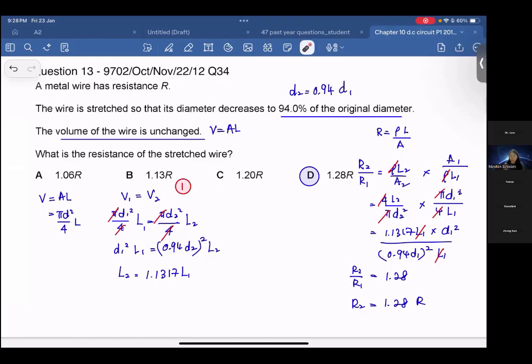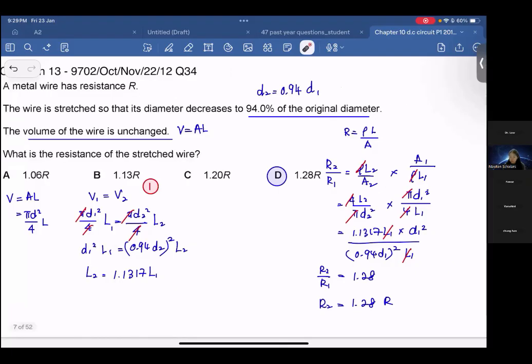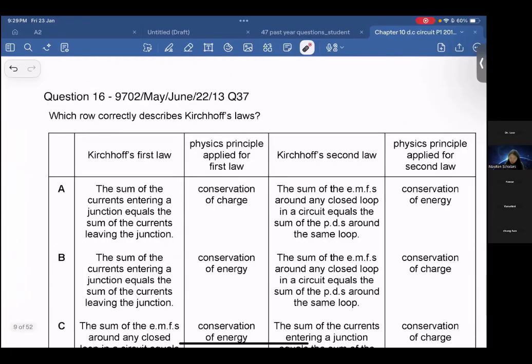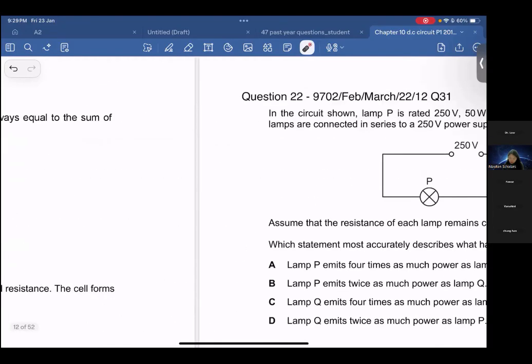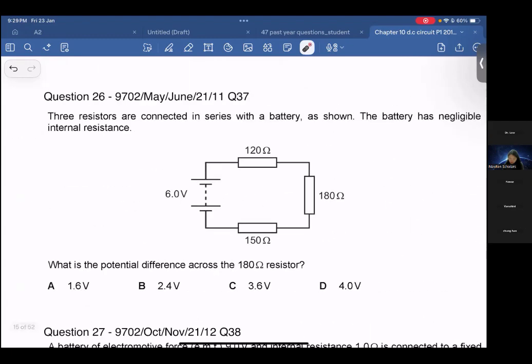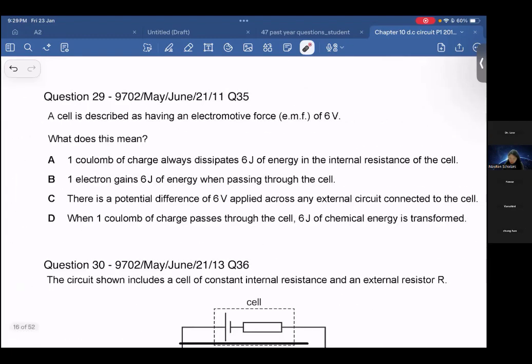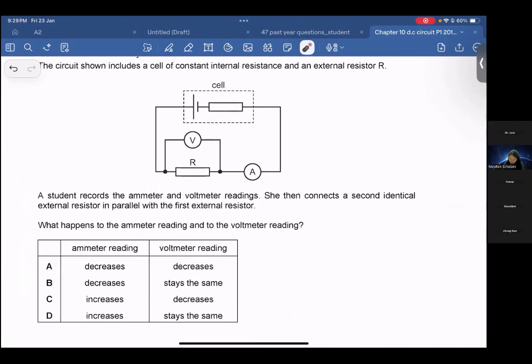I go to question number 30. Wesley, is it okay? Sean, okay. Manjo, okay. Wesley? Okay, move. Question number 30. Okay, this one, test your concept.